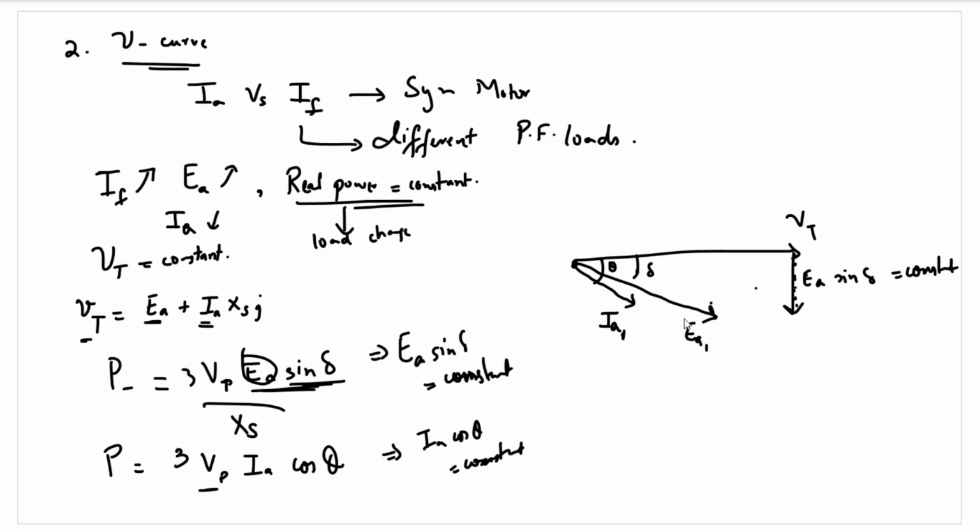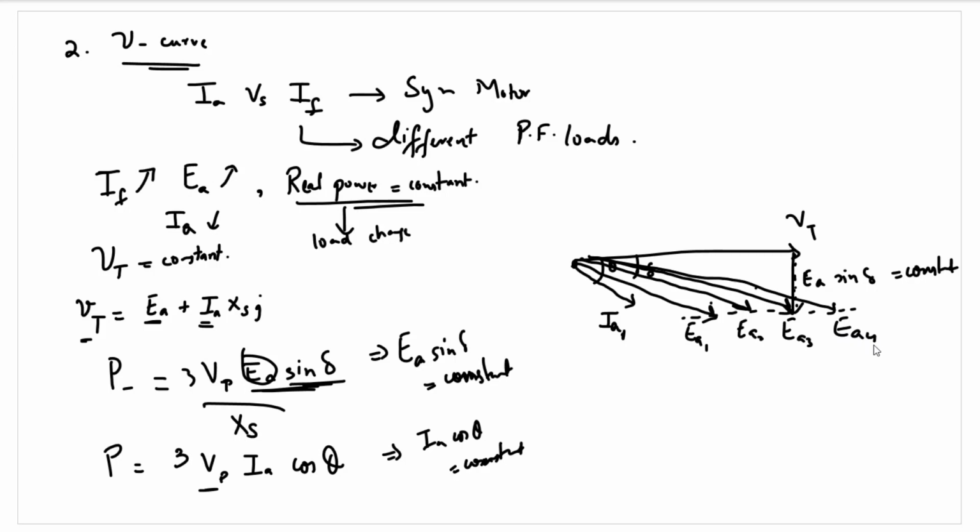So what happens is, as we increase the field current, Ea will increase, the magnitude of Ea is increasing, but Ea sine delta will remain the same. So this is Ea2 now corresponding to an increased field current. If we increase field current more, Ea will now be here, Ea3. Ea4 will now be here as we increase the current further.